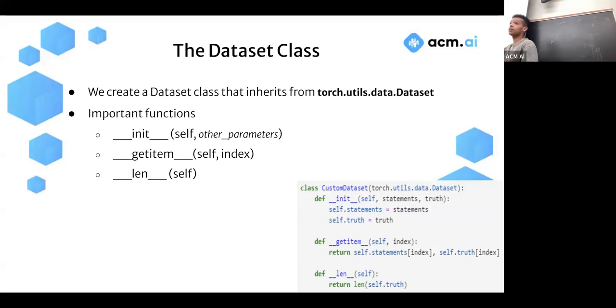This class is defined by PyTorch, so you just have to import it. I think the rest is self-explanatory: this is just the length of the dataset, and this is getting an item from your dataset, so that it becomes easier to use the dataset class.